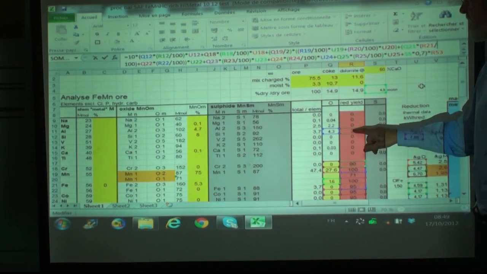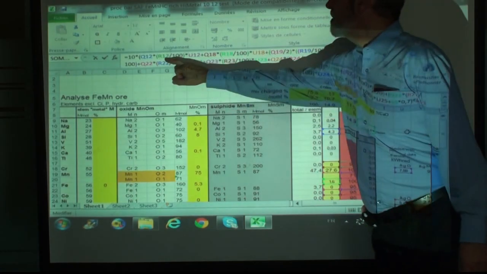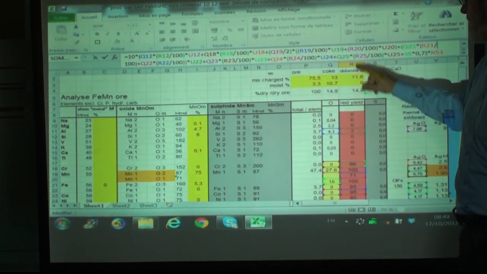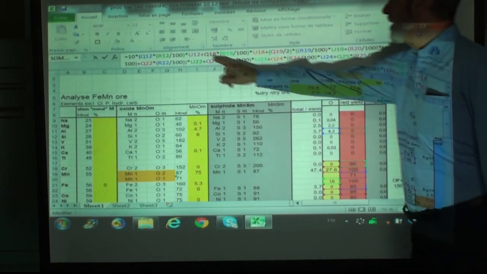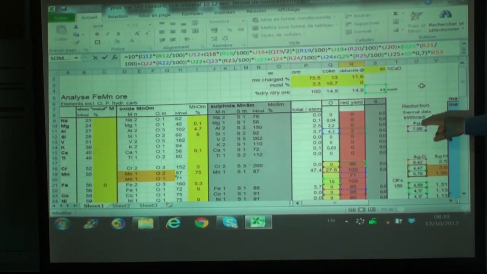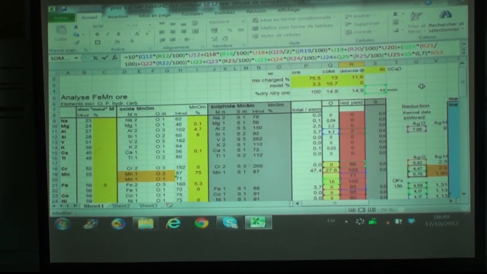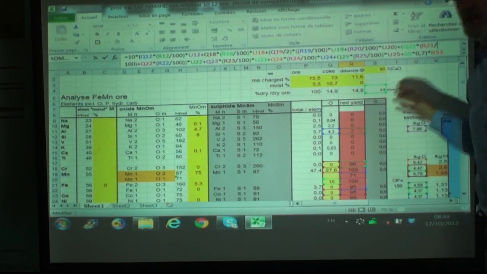Multiplied by R12 over 100, and you multiply by U12, which is the heat of reduction per kilo oxygen. And the rest is always the same for all others.